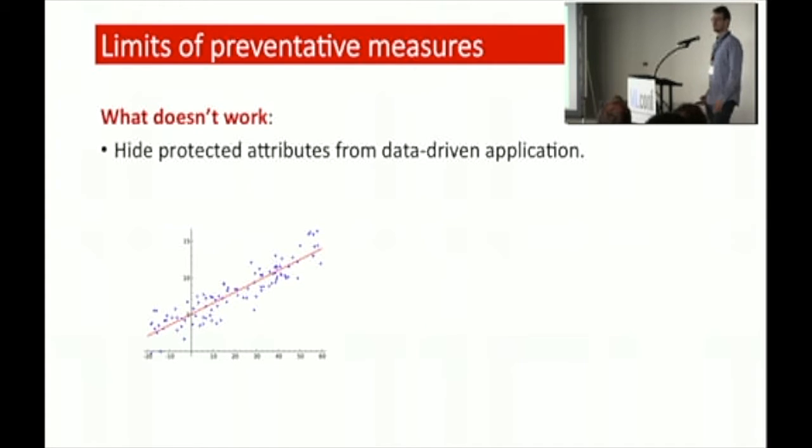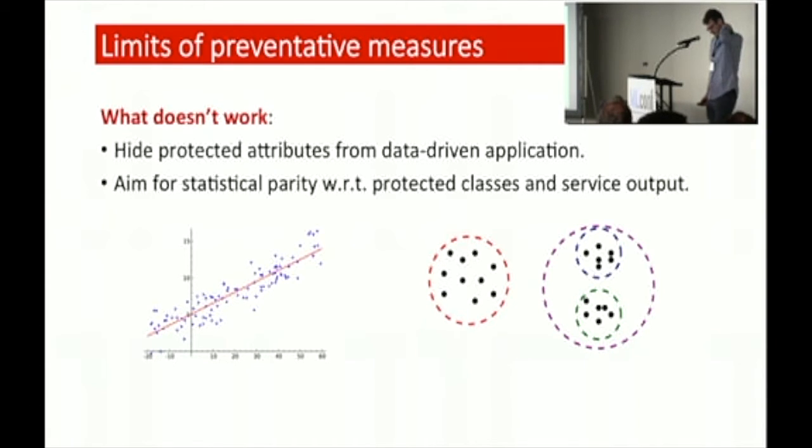You might have a feature that says what height you are. If you're above a certain threshold, you're very probably male. So if that feature is used, gender was never used in your system, but there's still some inference of gender or race or whatever else could be problematic. And this is essentially a problem of proxy variables that can come up.